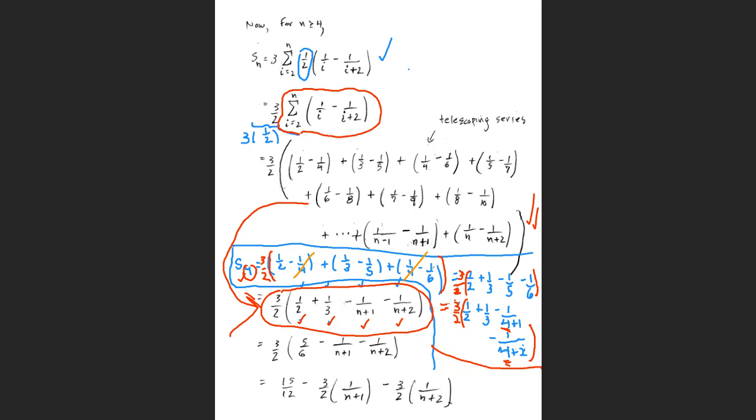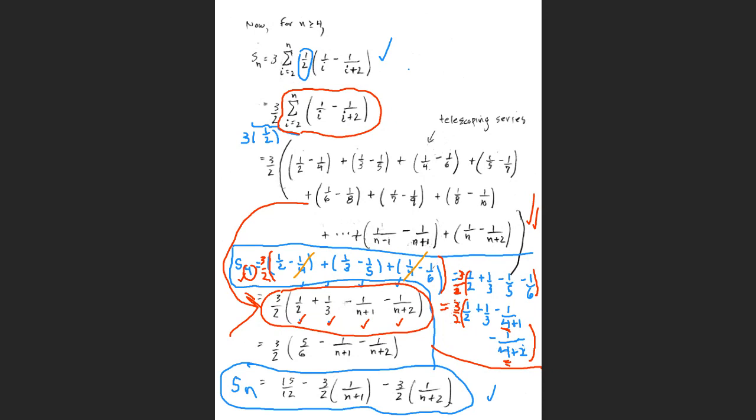And so the final version of the nth partial sum is equal to 15/12 minus 3 halves times 1 over n plus 1 minus 3 halves times 1 over n plus 2.